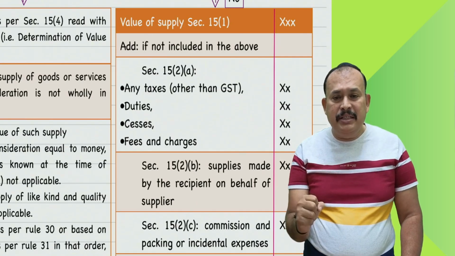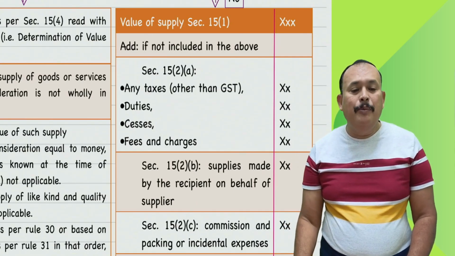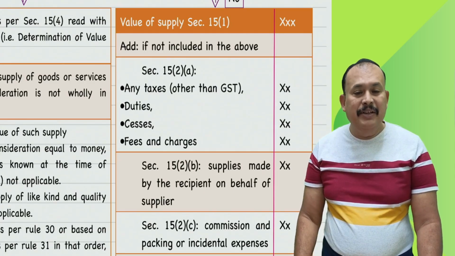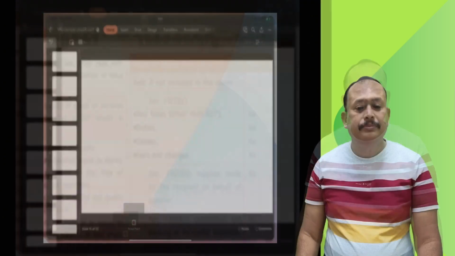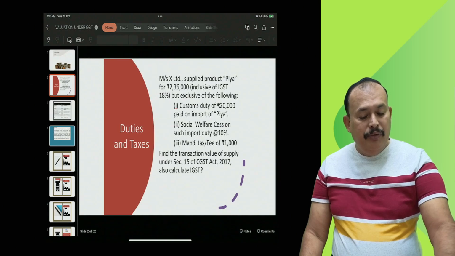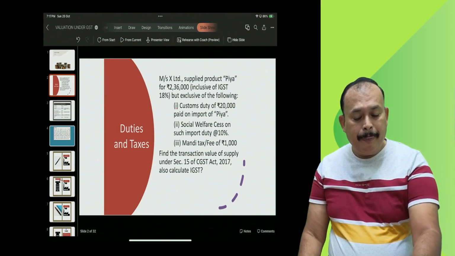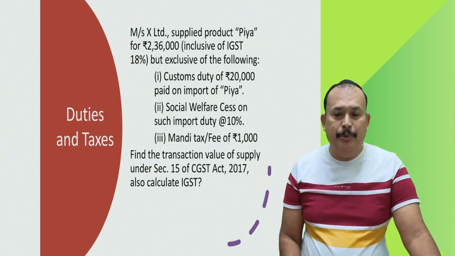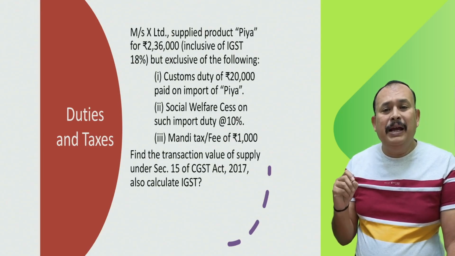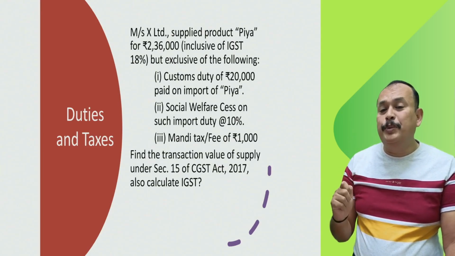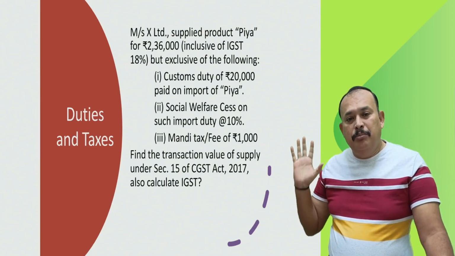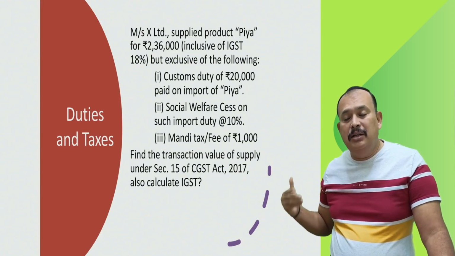How to understand this? With the help of an example, I am going to bring it to your notice. Here is one illustrative, simplified example. X Limited supplied product pear for rupees 2,36,000 which includes IGST at 18%, but is exclusive of the following: 1.